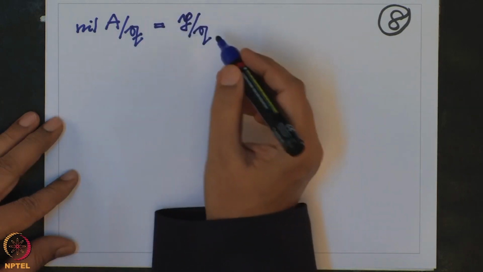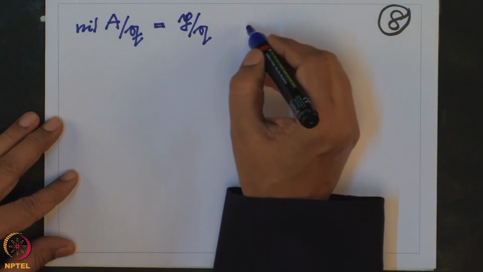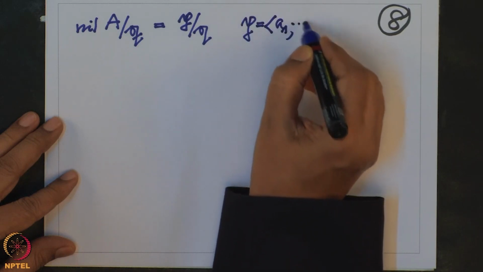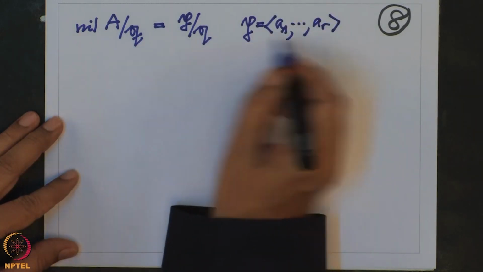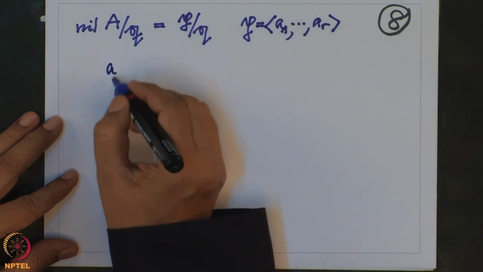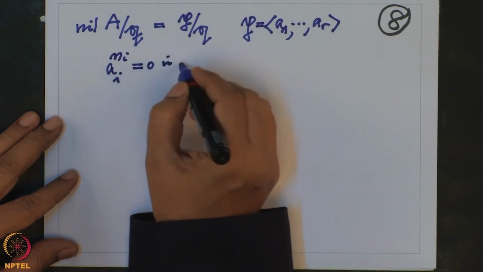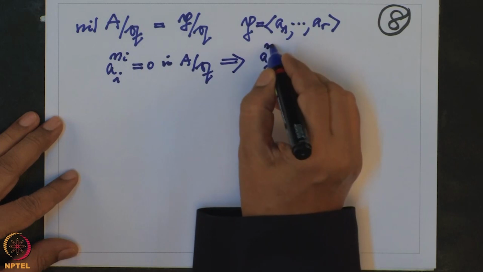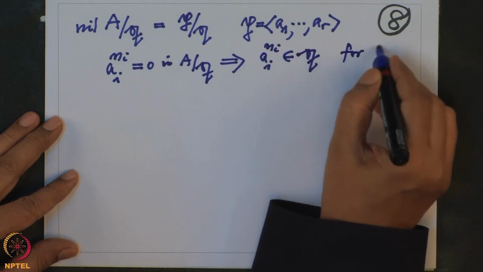So this is this, and now the ring is Noetherian, so if P is generated by a1 to ar, then because this is the nilradical, the power of this, ai to the power ni, will become 0 in the ring A by Q, but that will mean that ai to the power ni belongs to the ideal Q for some ni.